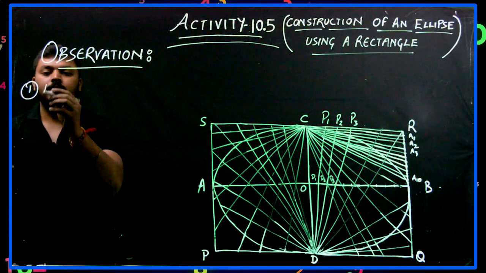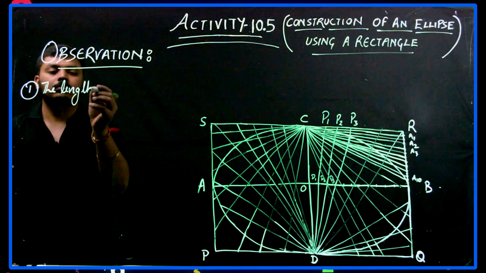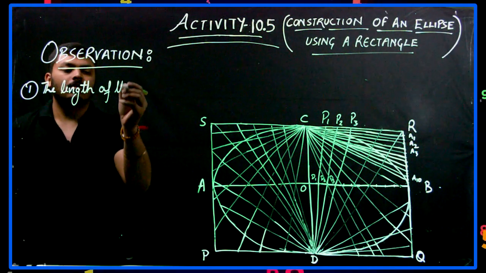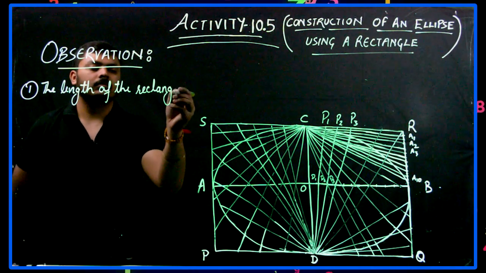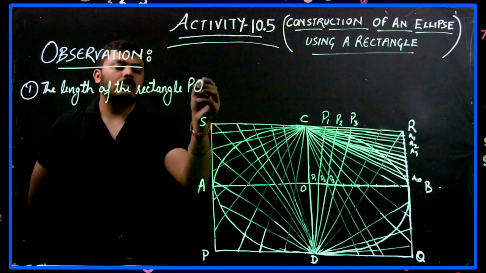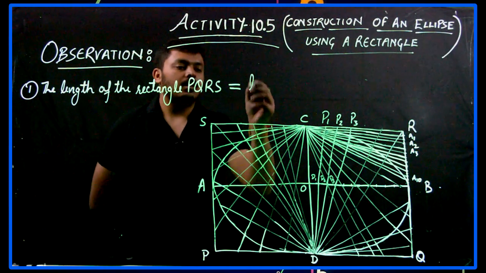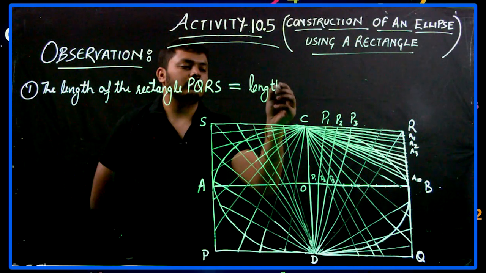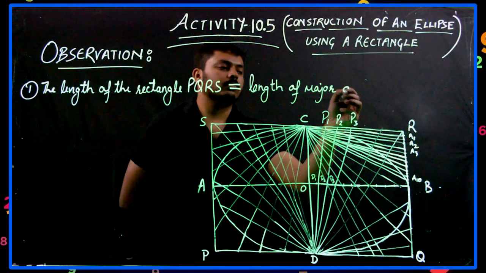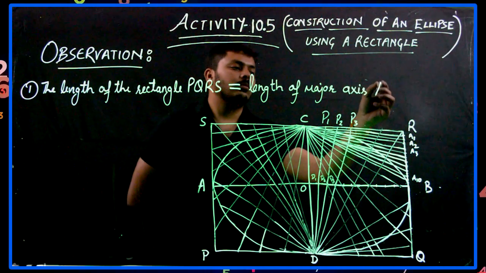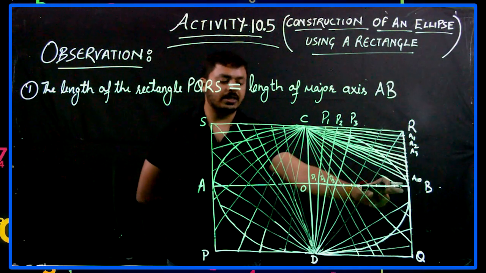First, the length of the rectangle PQRS is equal to the length of major axis AB. So the length of the rectangle is equal to the length of the major axis AB.